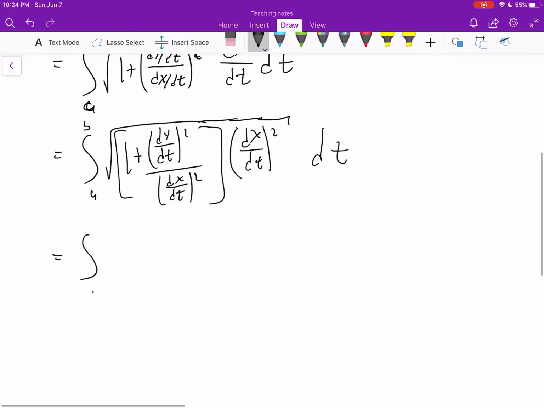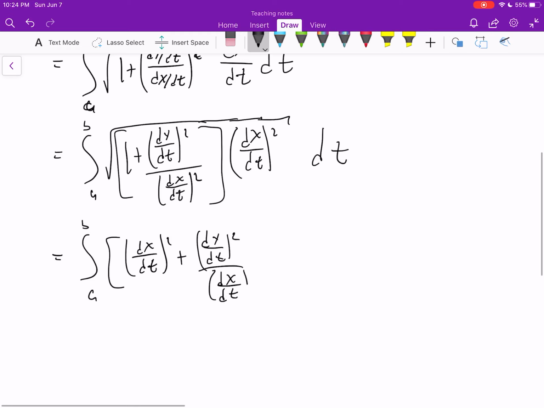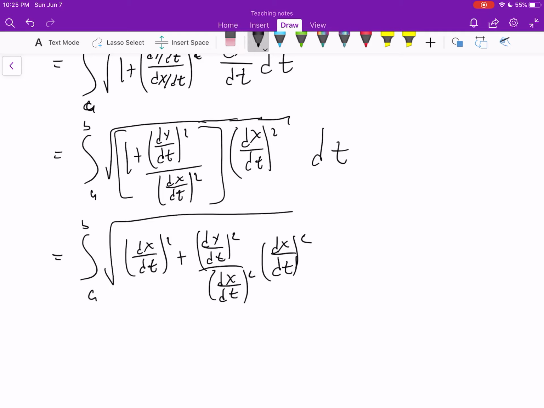If I distribute that in there, I get the integral from a to b, dx dt squared plus dy dt squared over dx dt squared times dx dt squared. There's a square root around all of this that I've managed to turn into parentheses. And then I have a dt here.